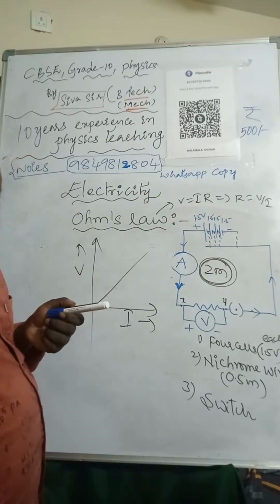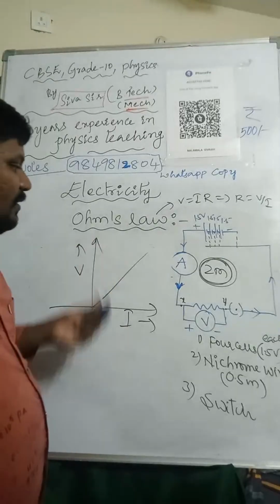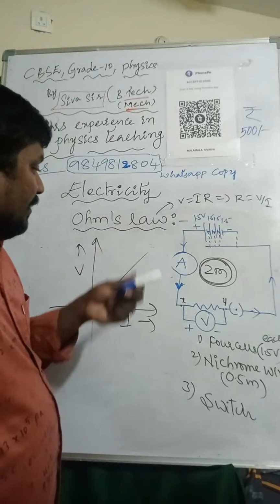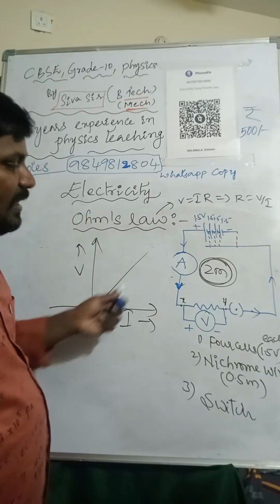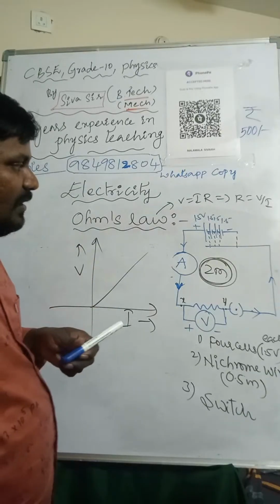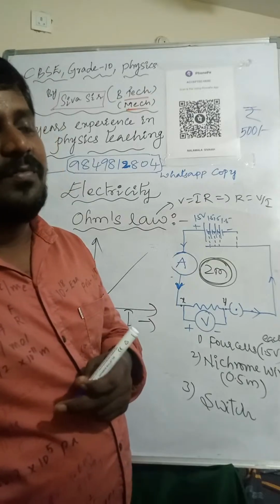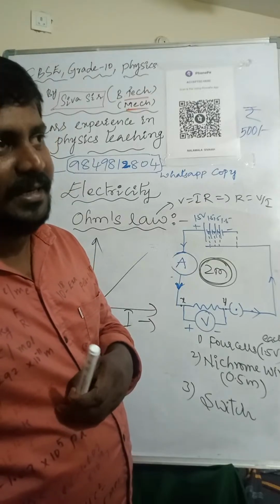This is about Ohm's law. Clear? Do you have any doubts? The VI graph for Ohm's law is linear.